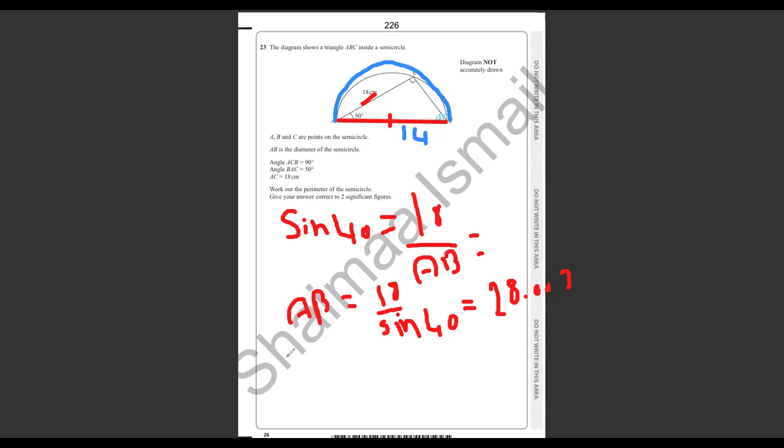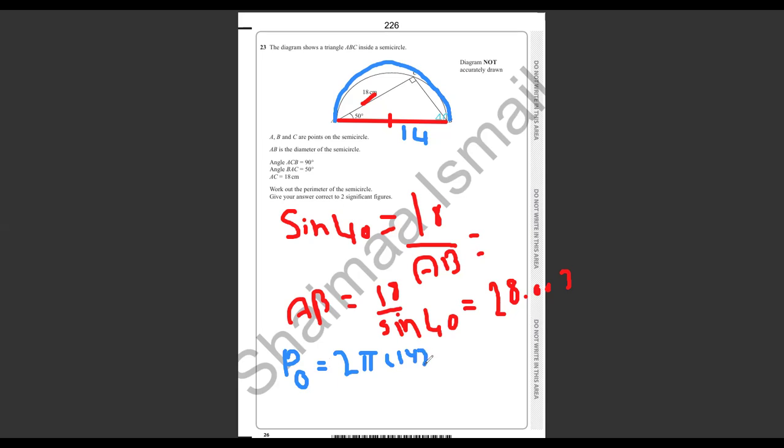So the blue part here, or the circumference of it, will be equal to 2 multiplied by pi multiplied by r, which is 14 centimeter.